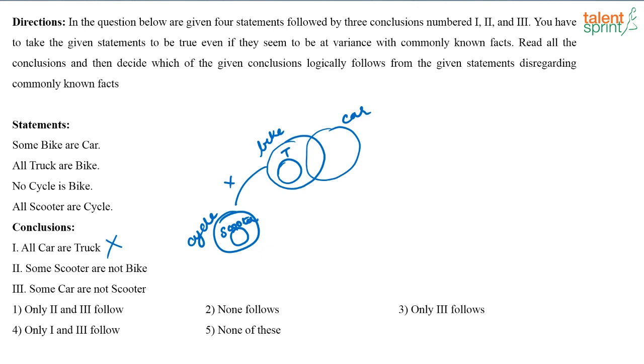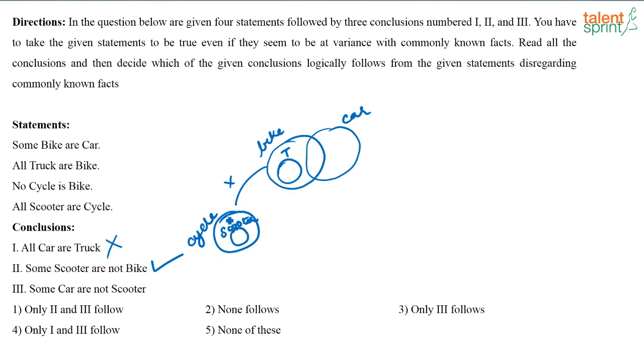Second conclusion. Some scooters are not bikes. Yes. See, actually we know all scooters are not bikes. But since we know all scooters are not bikes, definitely some scooters are also not bikes, because scooter is coming under the set cycle and no cycle is bike. So we can say for sure that the second conclusion is true. I hope this is clear.